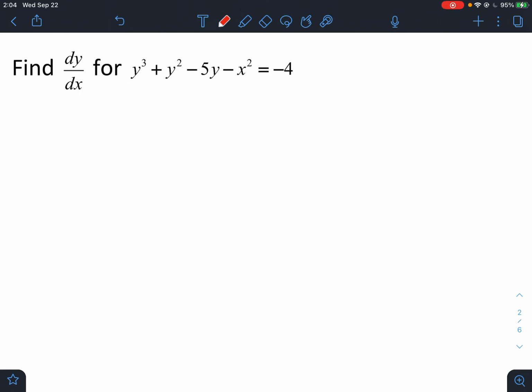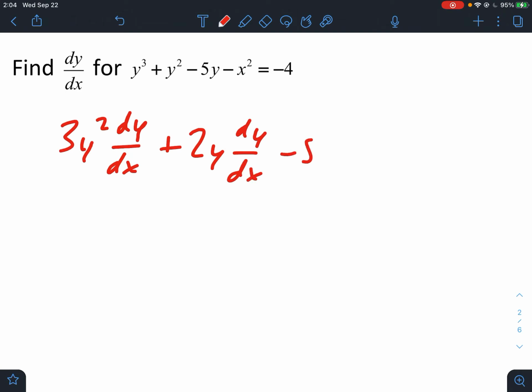So the derivative of this would be 3y squared dy dx plus 2y dy dx minus 5 dy dx minus 2x dx dx, which we don't have to write since it's 1, equals 0.